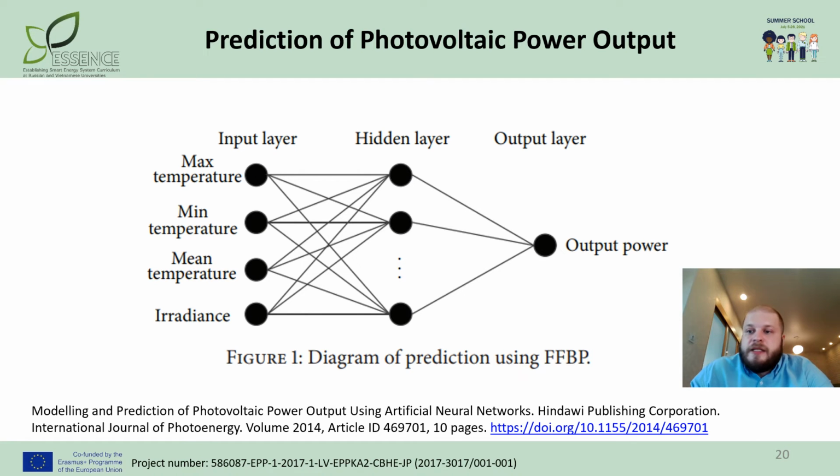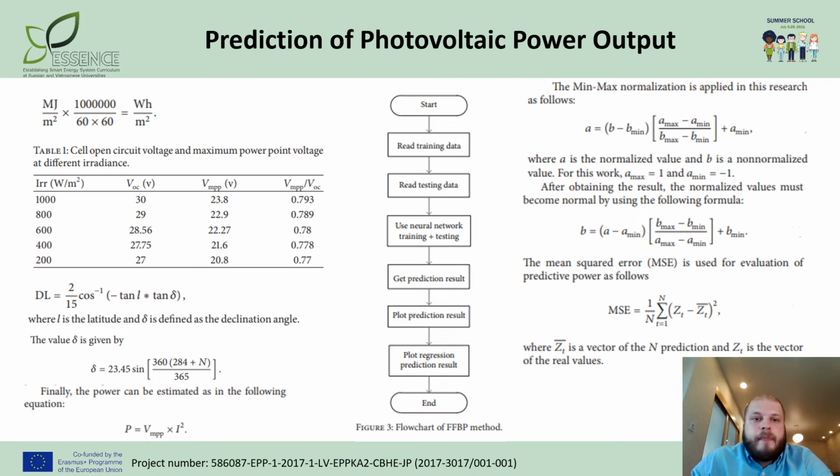Okay, so let's move forward. Within the framework of predicting photovoltaic power plants output, the authors used meteorological and weather data, which is one of the very important and very effective ways to predict PV power plant output. Meteorological data such as temperature and solar irradiance were collected from the Malaysian Meteorological Department.